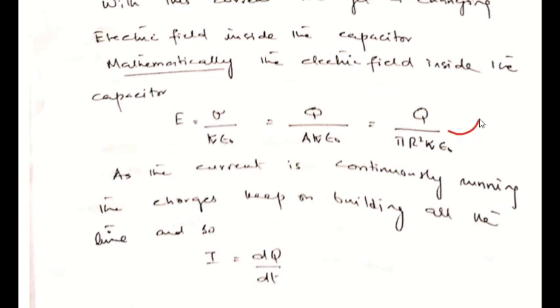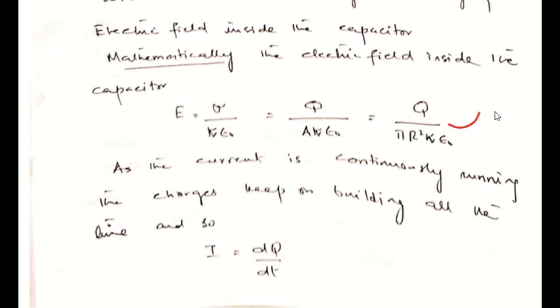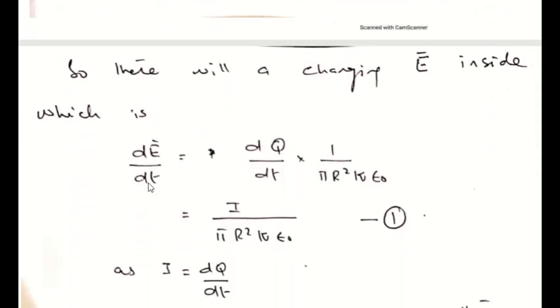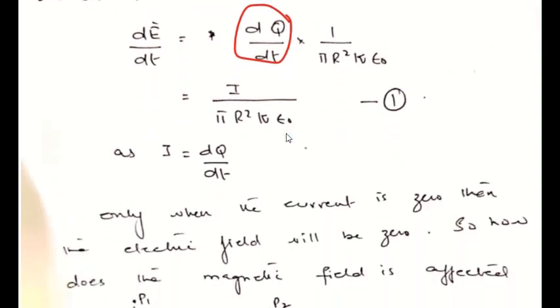By using this equation and differentiating it with respect to time, we get dE over dt equals dq by dt multiplied by 1 over pi r squared kappa epsilon naught, and this dq by dt gives me I, so I have I over pi r squared kappa epsilon naught.